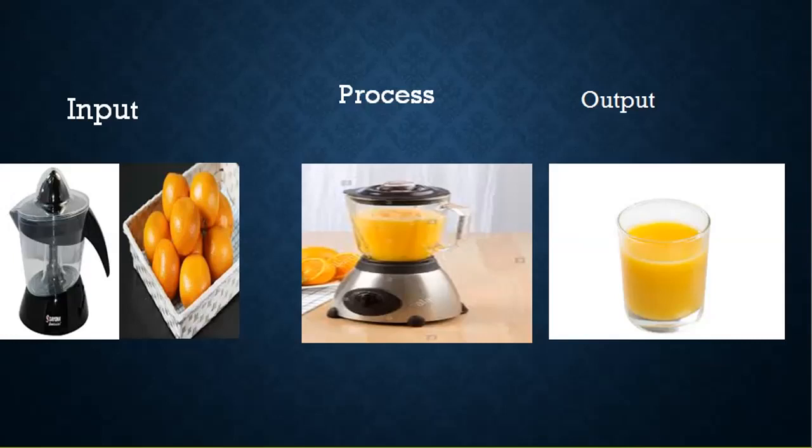Okay, for making orange juice, the input needed is oranges and a juicer. The process involves the juicer taking out the juice of the oranges, and what we get as output is the orange juice.